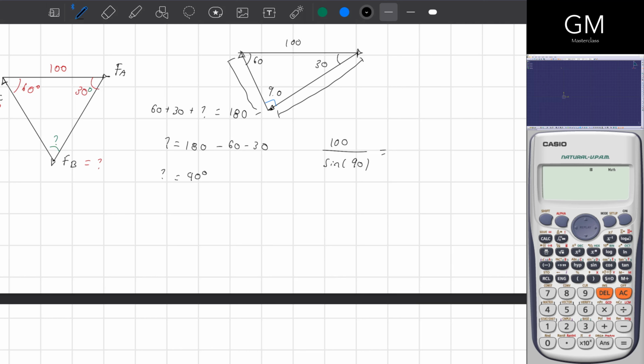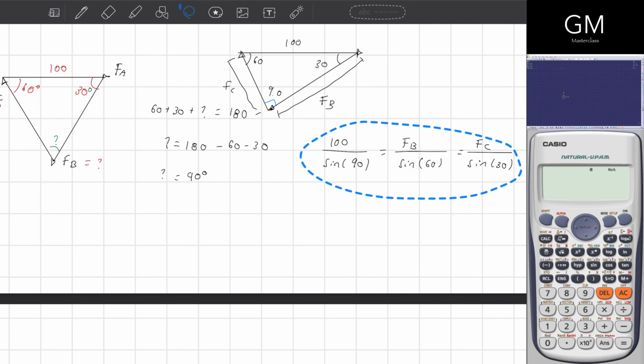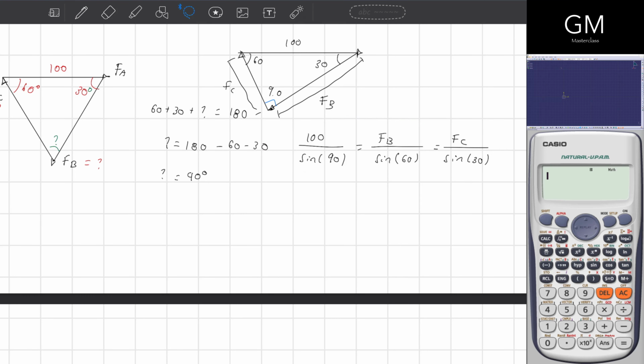I'm going to call these FB and FC, so FB divided by the sine of 60 is equal to FC divided by the sine of 30. This is the sines law. Once I've made this, I can find these two values.